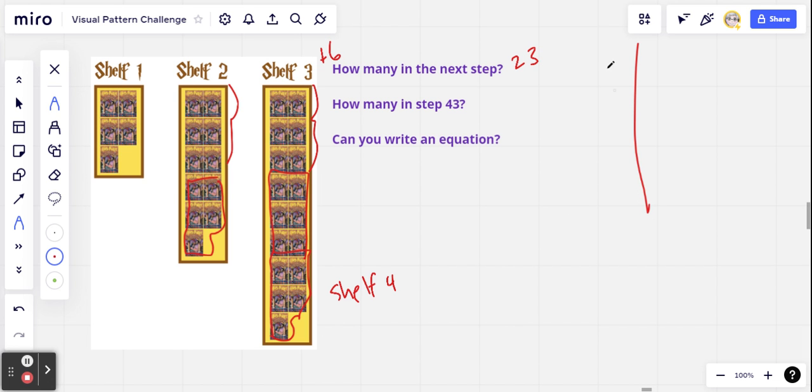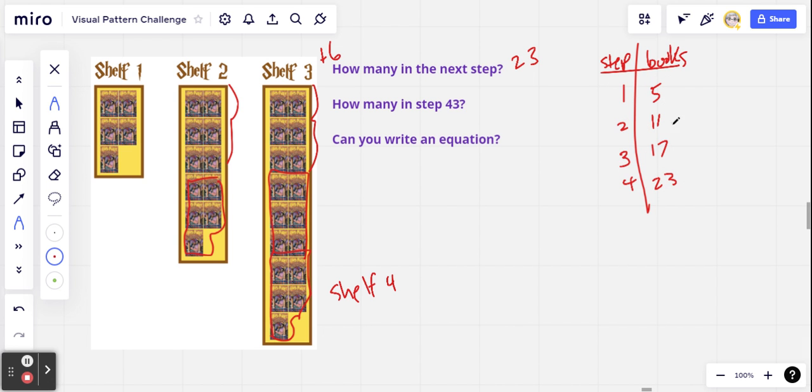Let's take a moment to analyze these numbers. I'm going to make a chart here with the step number or shelf number and the number of books in each shelf. In shelf 1 we had 5. In shelf 2, we added 6 more, so that'd be 11. In shelf 3, we added 6 more, so that would be 17. And in step 4, we're saying 23.